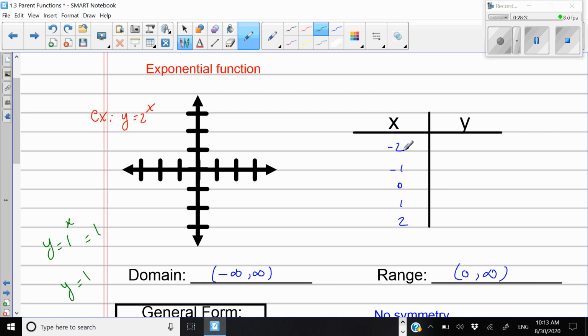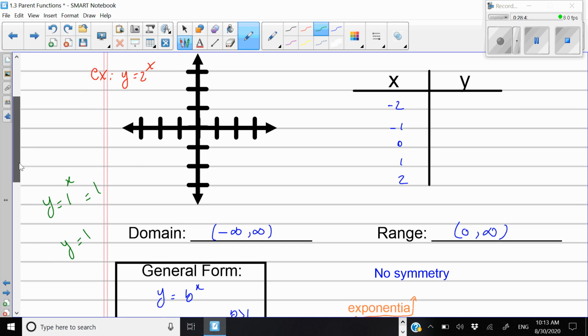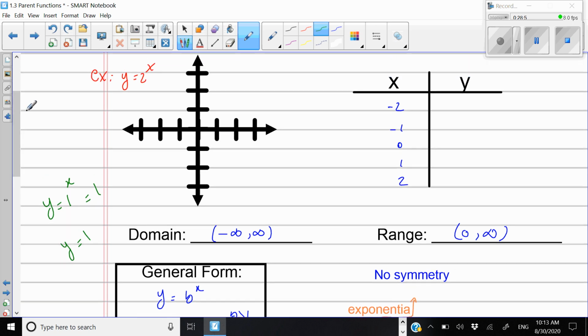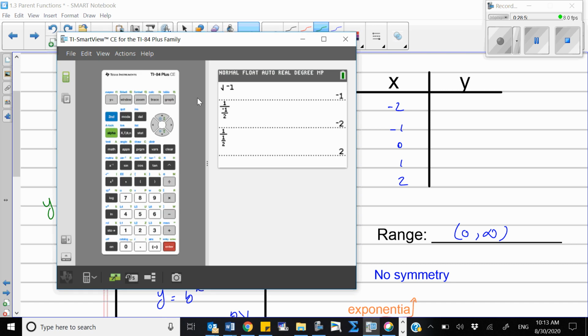Okay, now I'm going to give different values to x. Notice that here I said the b value, like the base, should always be greater than 1, but the x can be anything. I give -2, -1, and so on. So, okay, I'm going to try my calculator.